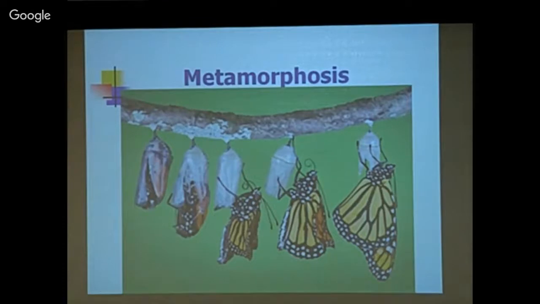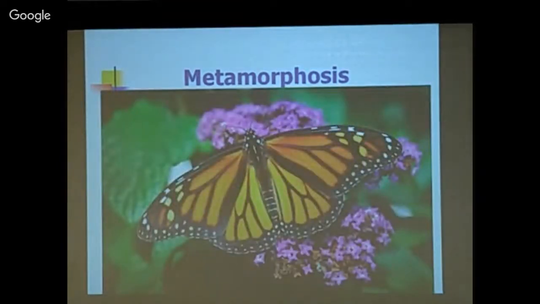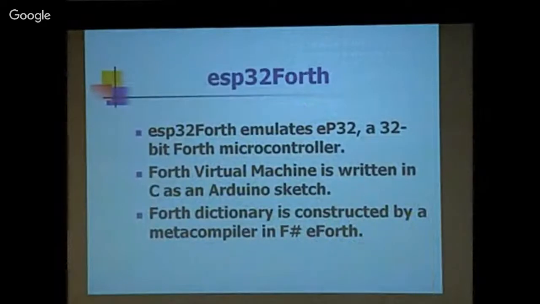So ESP32forth, basically I try to emulate a 32-bit microprocessor, the EP32, where all the design was from Chuck's MUP21. Okay, so the Forth virtual machine can be written in C. There's no problem.